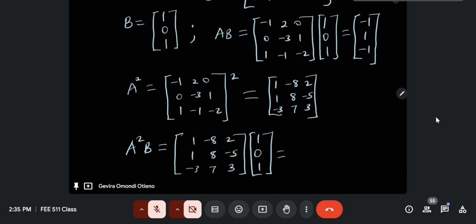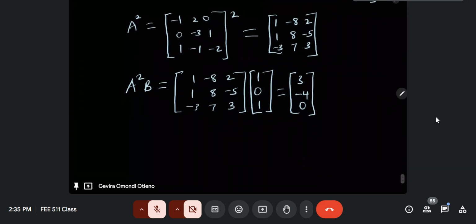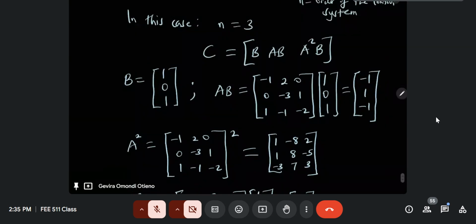So what do we get here? We get 3. Then the second one will be 1 minus 5. That is -4. The last one would be -3 plus 3. That should be 0. Okay. So now the controllability matrix itself, after doing all those funny manipulations, C would be equal to B. What is B?